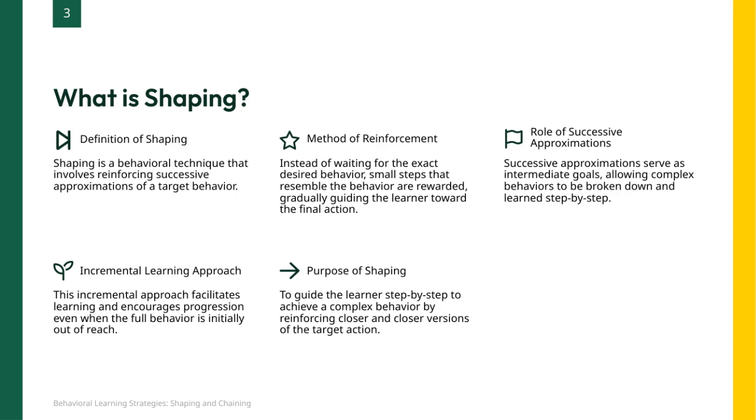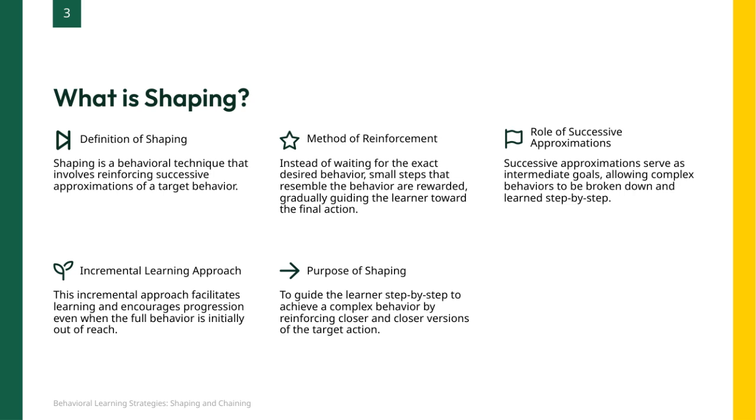The concept of successive approximations is key here. They act as intermediate milestones, breaking down complex behaviors into achievable pieces. By using this incremental learning approach, we make progress possible even if the full behavior seems out of reach at first. Ultimately, shaping is about guiding the learner step by step, reinforcing behaviors that get closer and closer to the target action.